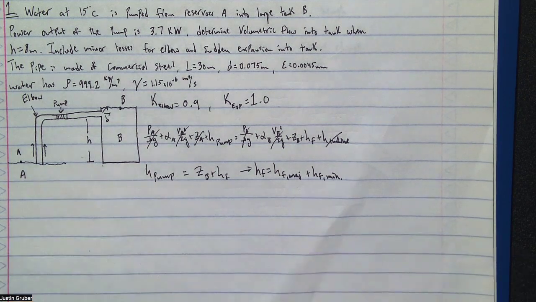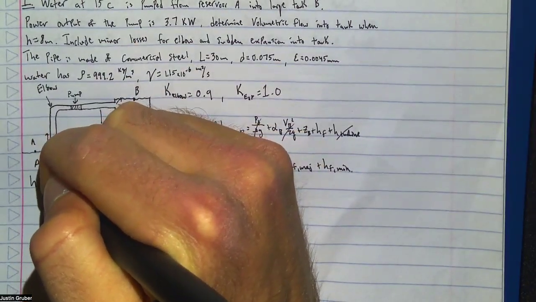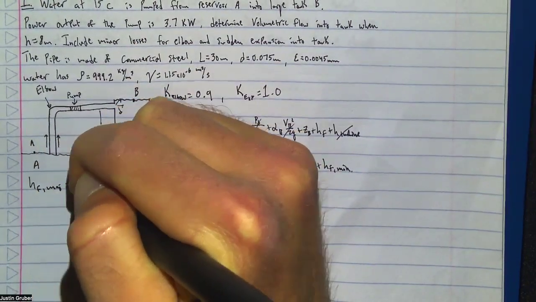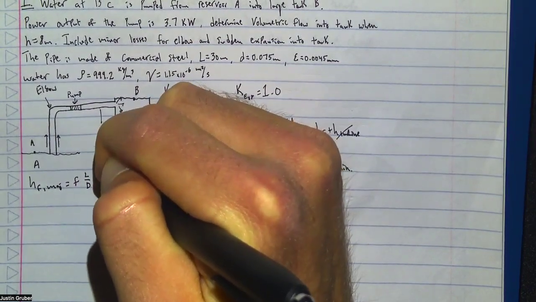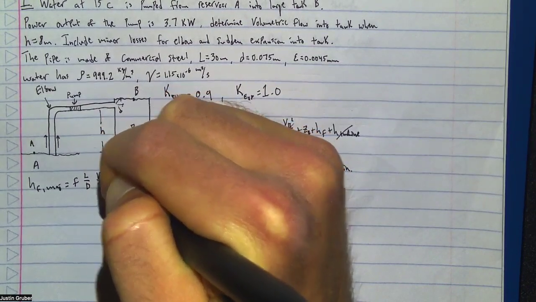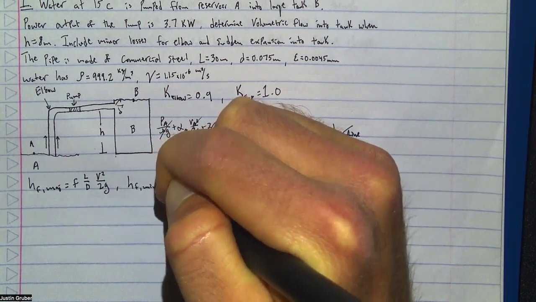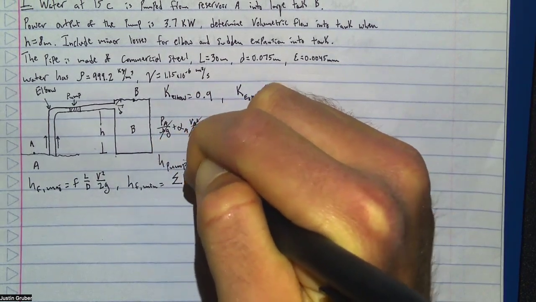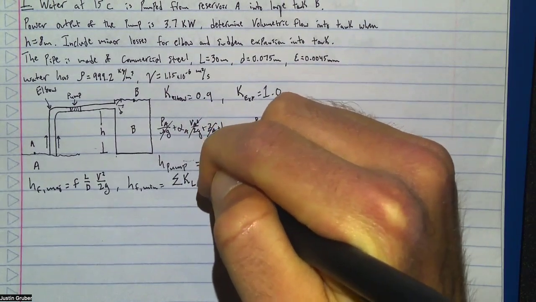We know HF major equals F L over D times V squared over 2G. HF minor is the sum of these KLs, these minor loss coefficients, times V squared over 2G.